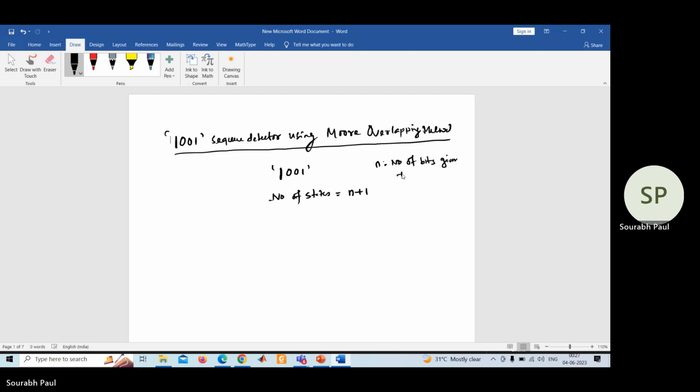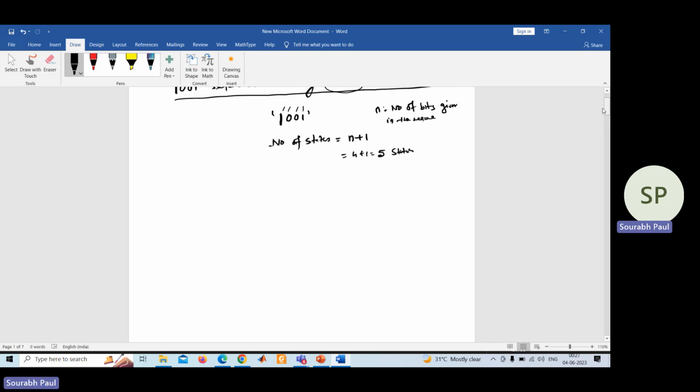In this problem, the number of bits are 1, 2, 3, 4. 4 bits are there. So how many states do you need to consider? 4 plus 1, 5 states. And this procedure you need to follow for the Moore overlapping method.